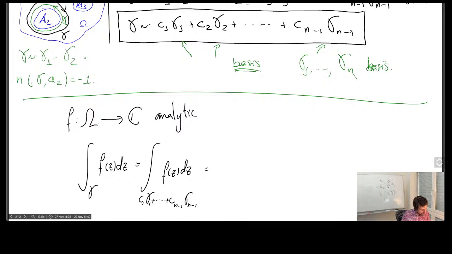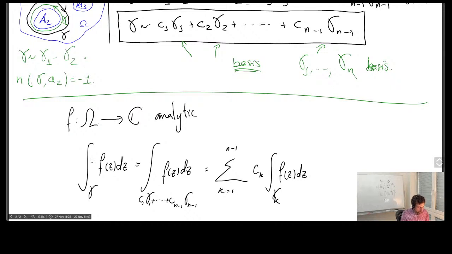Okay, so what does this mean? Because of the integrals, this means I can take the sum from 1 to n minus 1 of ck times the integral over gamma k of f(z) dz.